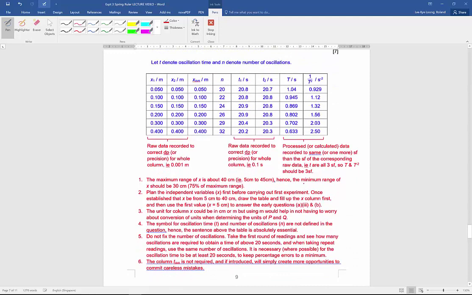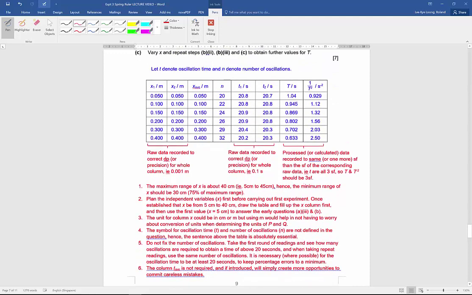Now let's look at this one. This sentence is written there because n is not defined in the question, and T is not defined in the question. So you have to define everything that you introduce. You can see here raw data recorded to correct DP for the whole column.